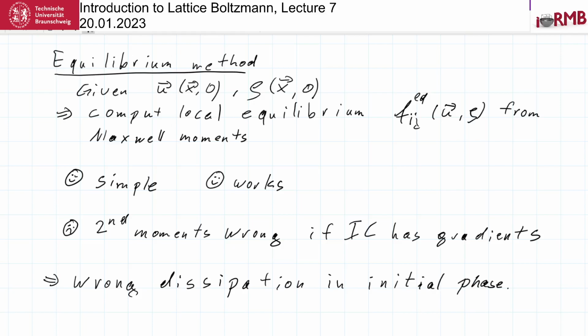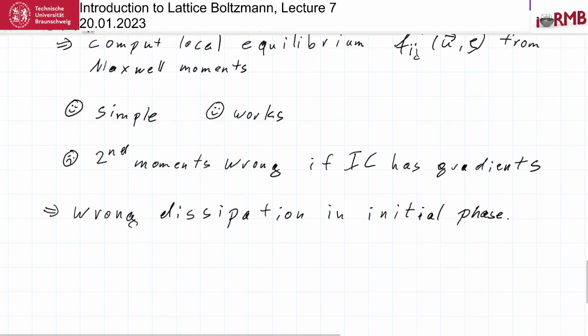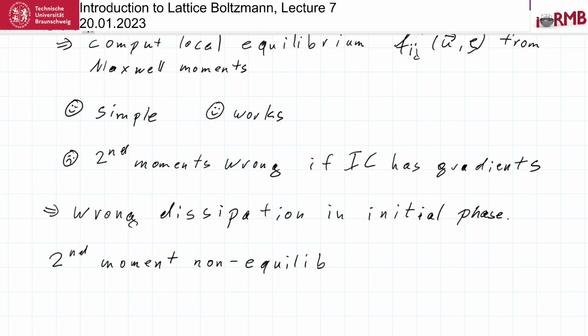So, and therefore we have a different method, or in addition to this, we have a second moment correction, non-equilibrium correction. So we actually take our first and zero moments the way we just described, but in addition to this, we also set a non-equilibrium part for the initialization.